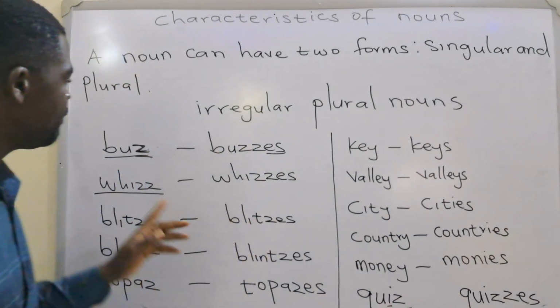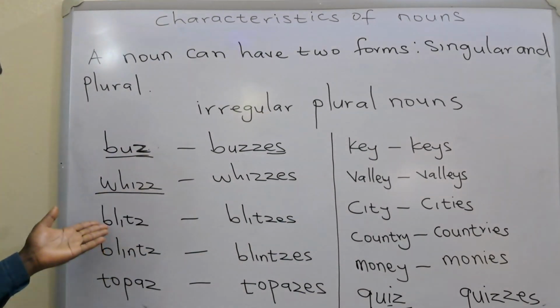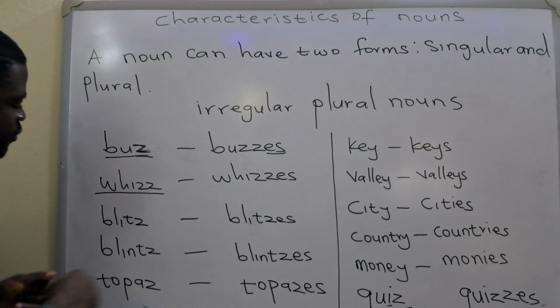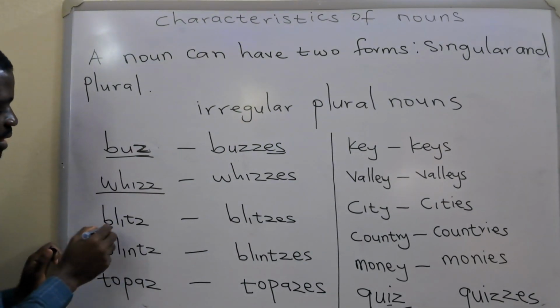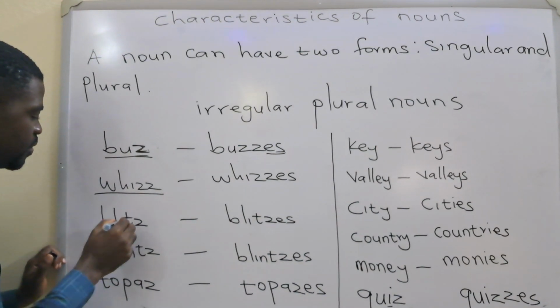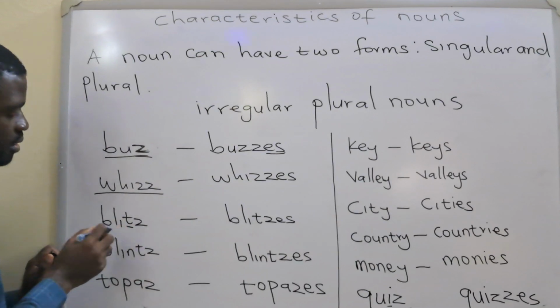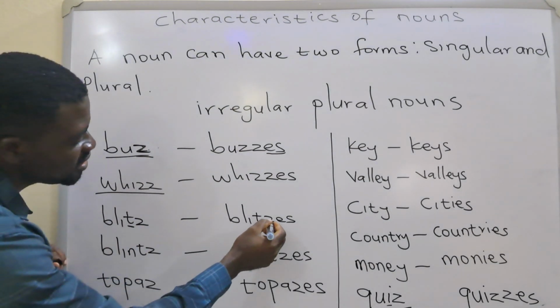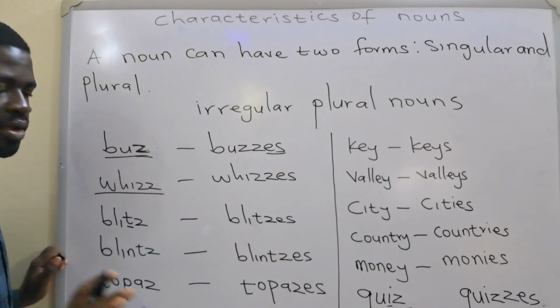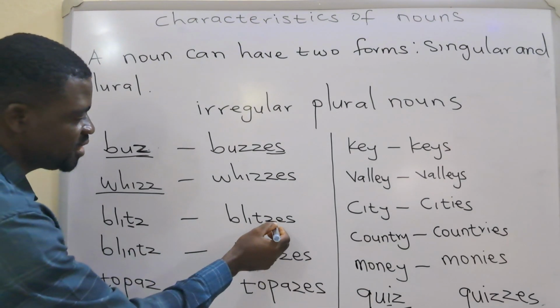But what if the letter before the Z is not a vowel, as we have here? This one, bleeds. This letter is not a vowel. This is a consonant. So we have a consonant before the Z. Am I supposed to add another Z to form my plural? No, as you can see here, I don't need to add Z here.